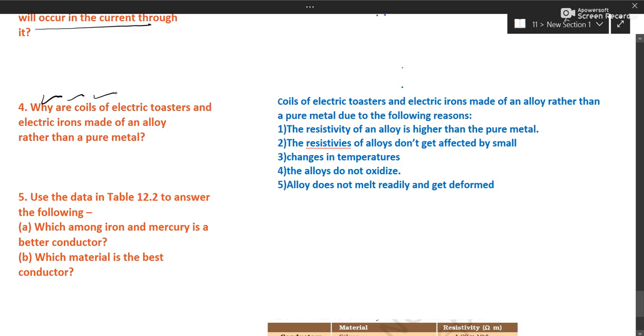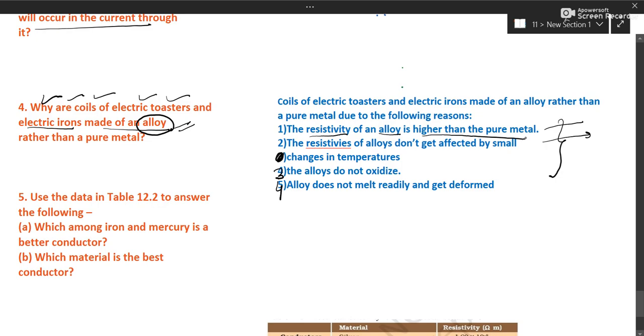Why are coils of electrical toaster and electric irons made of alloy? Why do we make things out of alloy? So due to these reasons. Out of these reasons, 1, 2 are more important. This is your third and this is your fourth. The resistivity of an alloy is higher than the metal.